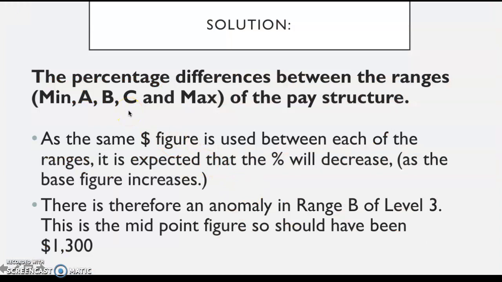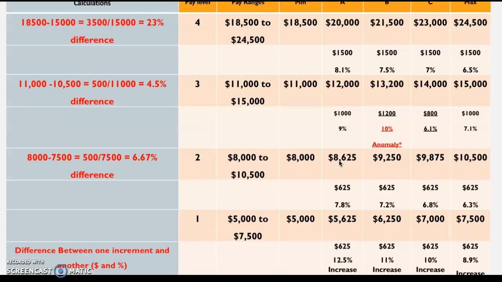Again, here we're using the percentage differences between the ranges, which is what I just talked about. The percentage will decrease as you go up because it's the same dollar amount, but the base figure increases. As I say, it's the same dollar amount, but the base figure, the bottom figure of that fraction or that sum, is increasing, so it's going down, which is why this one was an anomaly.